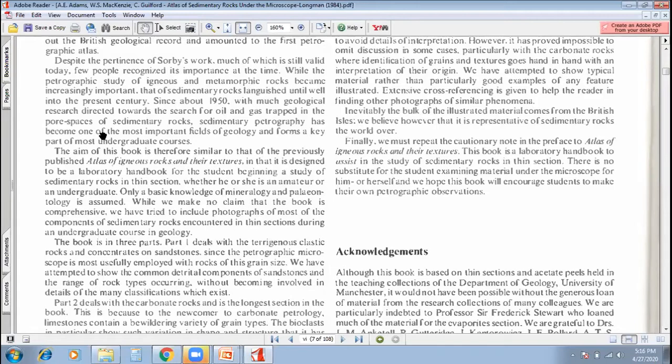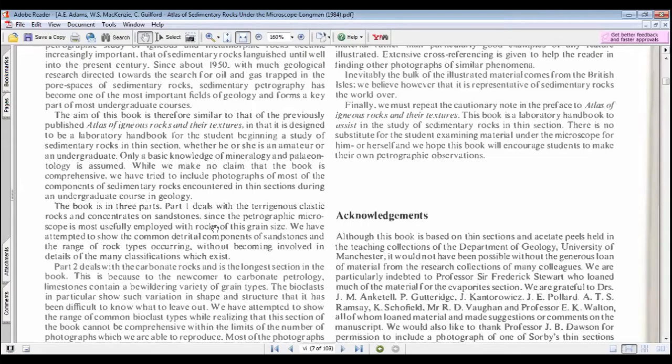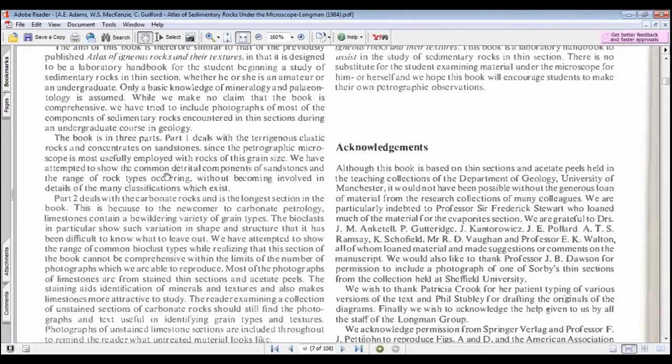The oil and gas companies were interested to see the pore spaces and porosity in the rocks, and then it became normal practice to study sedimentary rocks under the microscope. In sedimentary rock study there are some parameters. We will see them one by one.